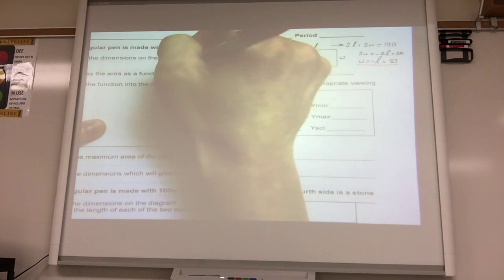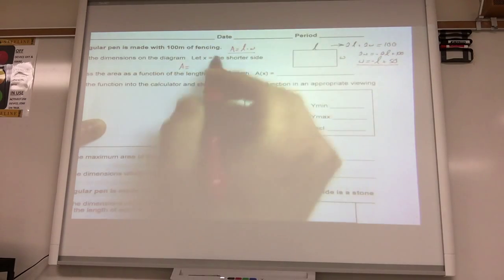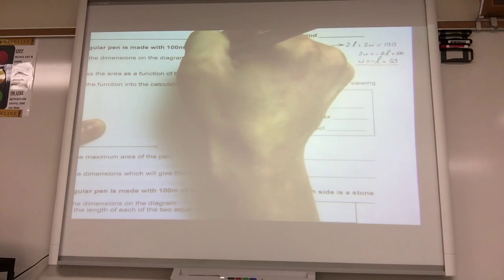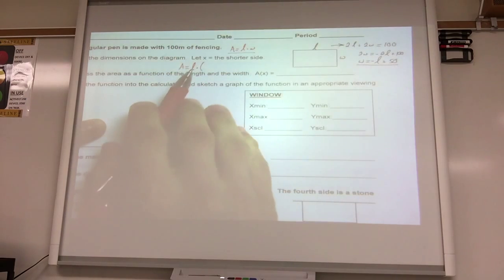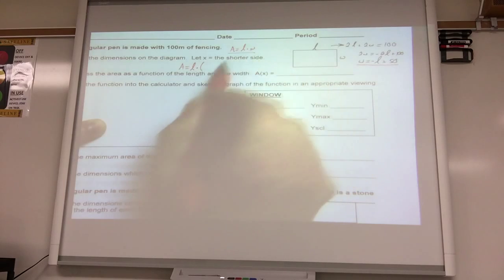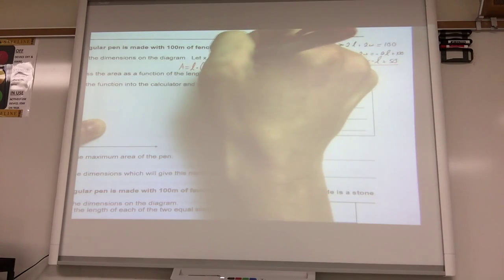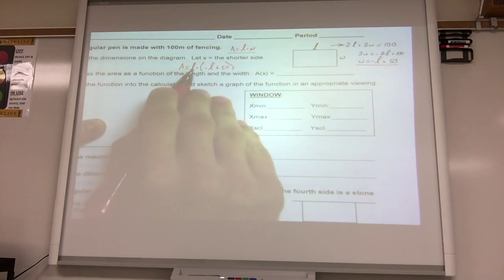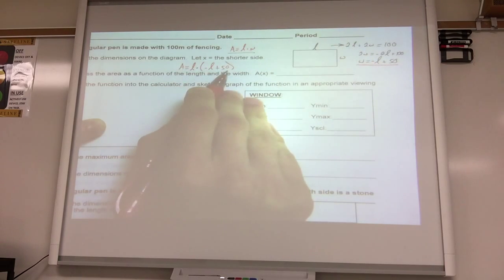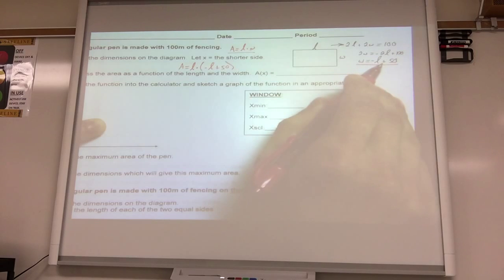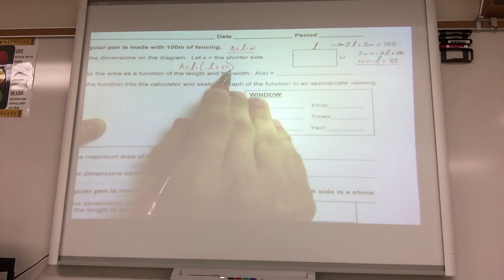So area is length times, and here's width, negative L plus 50.